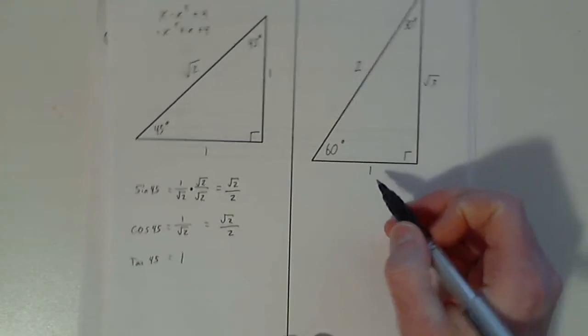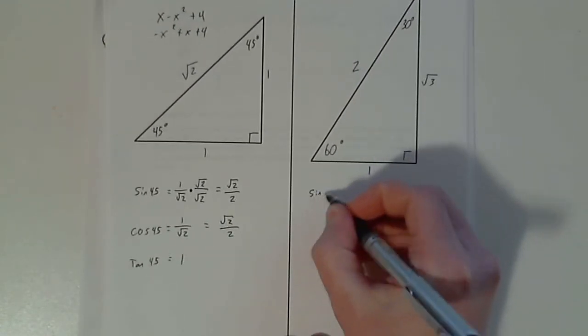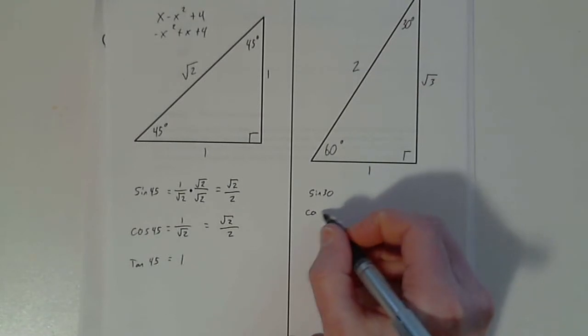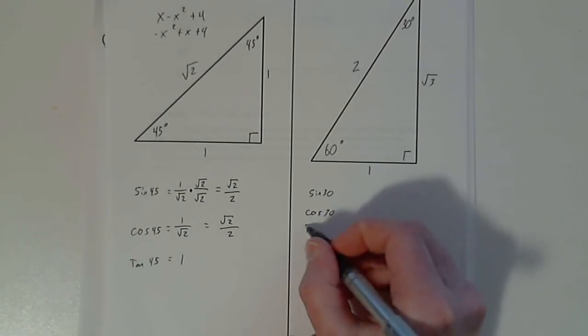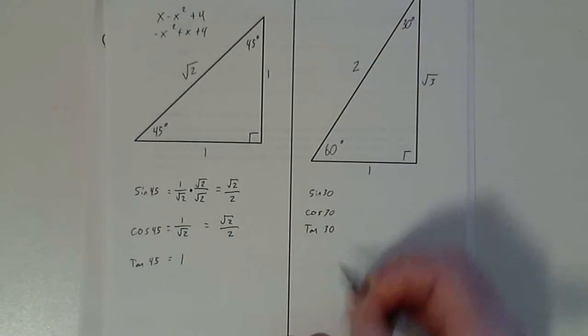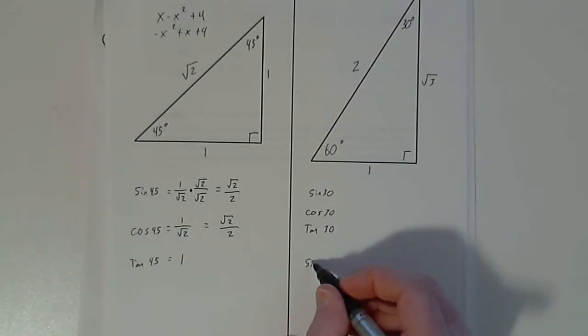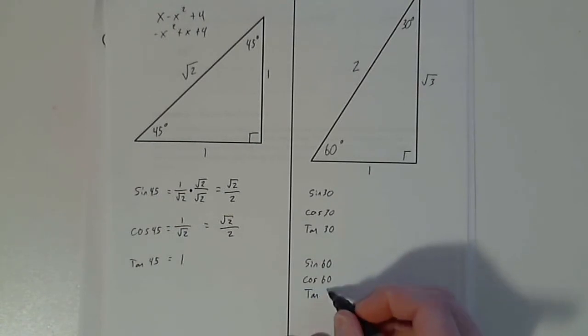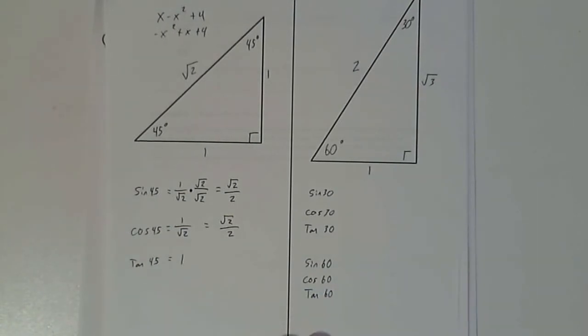Okay, into this triangle. Sine of 30, cos of 30, tan of 30, and we also need sine of 60, cos of 60, and tan of 60. We've got two different sets this time.